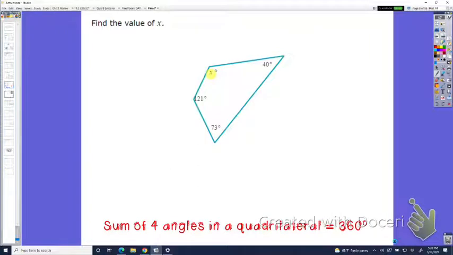Next up, you have the sum of 4 angles in a quadrilateral equals 360 degrees. So if you know 3 angles already, you're going to add those 3 up. 120, 40, and 73. That adds up to 234.